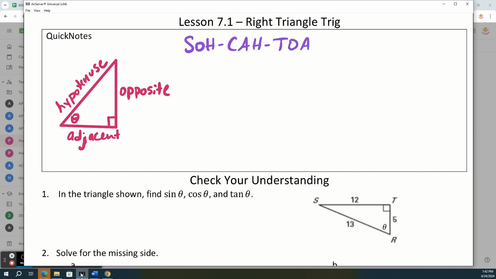All right, so when I want to find the sine of an angle, I remember the SO part of SOH-CAH-TOA, and the sine is the opposite over the hypotenuse. We can abbreviate it unless you want to write it all out.